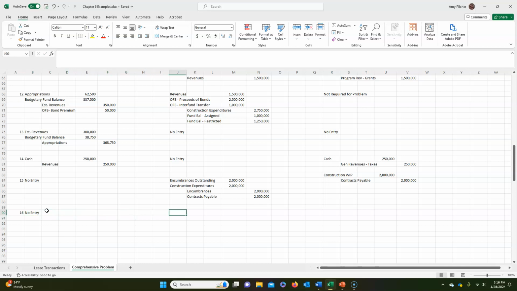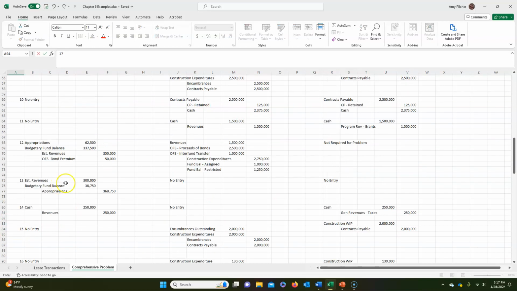And in the capital projects, we have a construction expenditure of $130,000. And we paid cash of $130,000. In government activities, we have construction work in process, $130,000, and cash of $130,000.